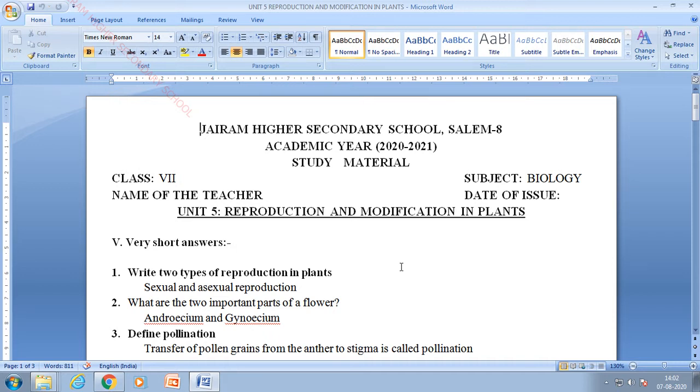Likewise, the leaf, in addition to photosynthesis, performs the function of support and storage. So these are all modifications of plants. We have seen how the plant parts have been modified and so many examples for that also in the videos. These are all the things we have discussed in unit 5, reproduction and modification in plants.